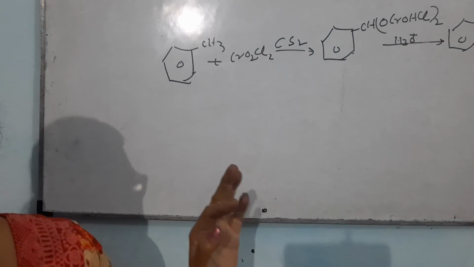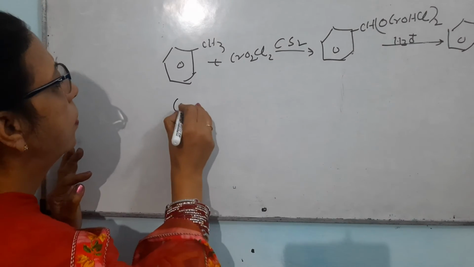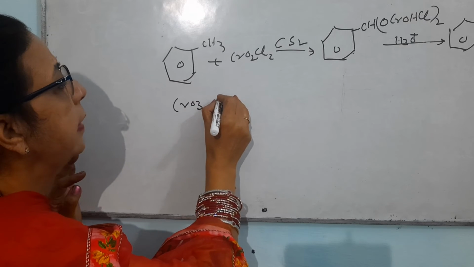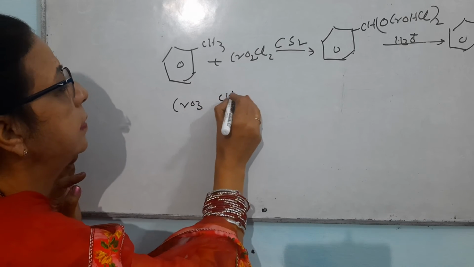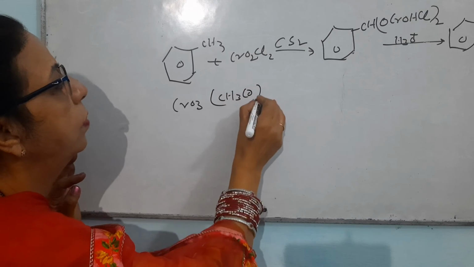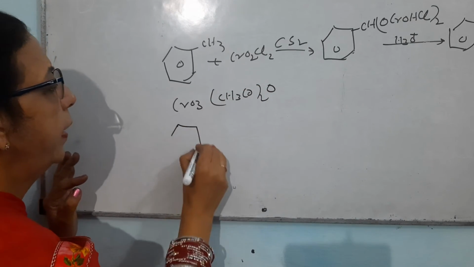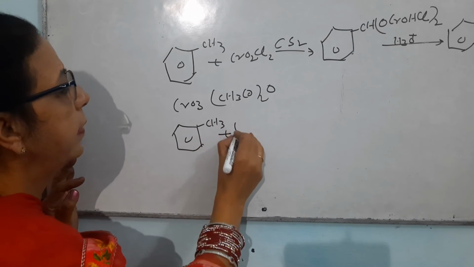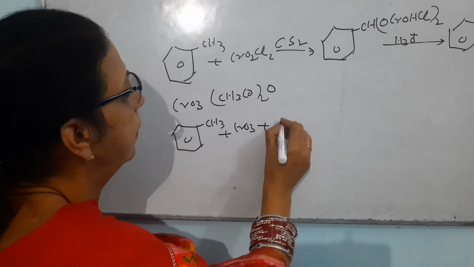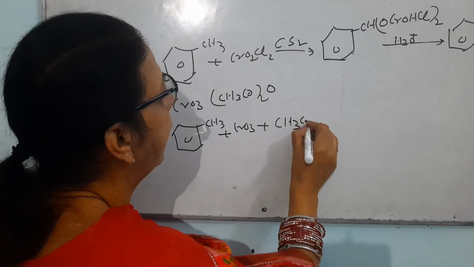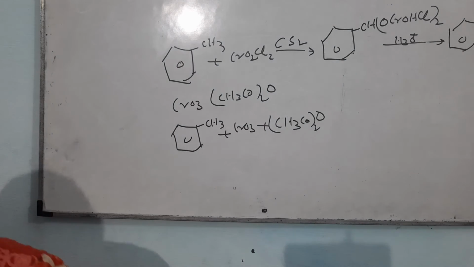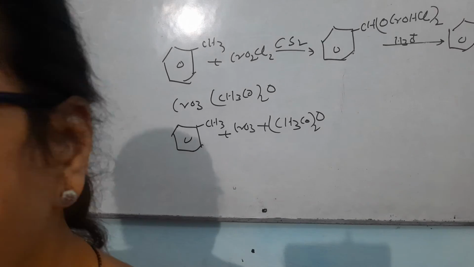The second reaction is by using chromium trioxide in the presence of acetic anhydride, that is (CH3CO)2O. If the reaction of toluene takes place in the presence of chromium trioxide and acetic anhydride, there will be formation of a special compound initially which is known by the name of benzylidene diacetate.